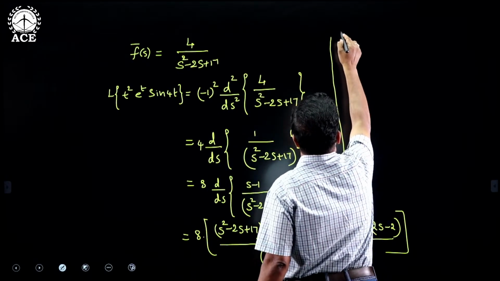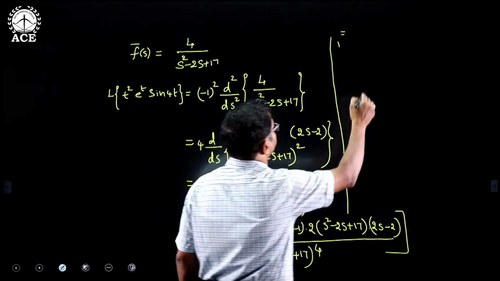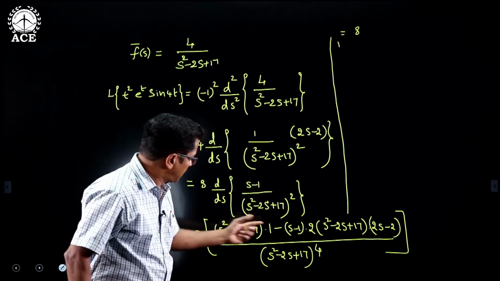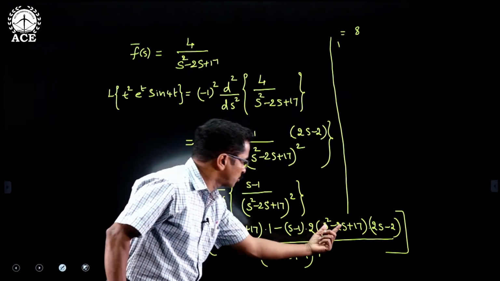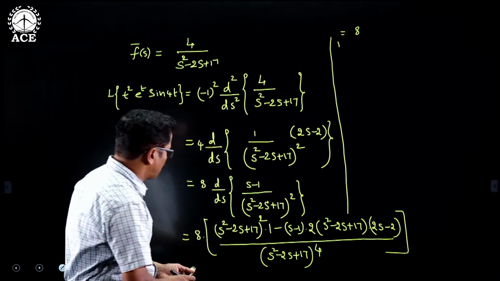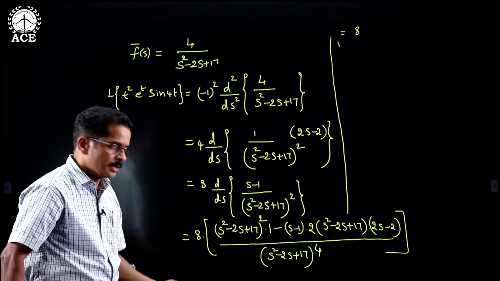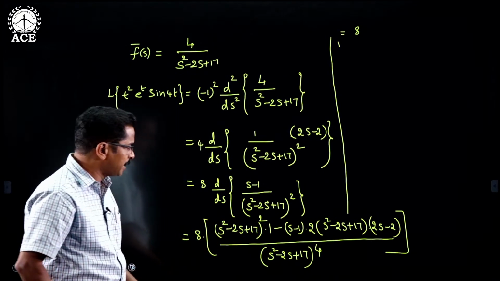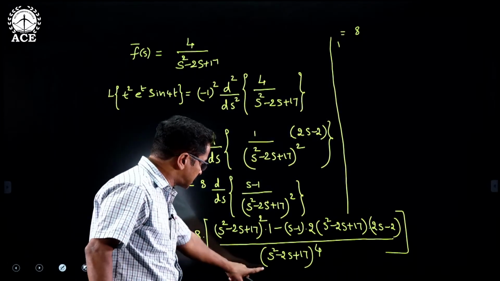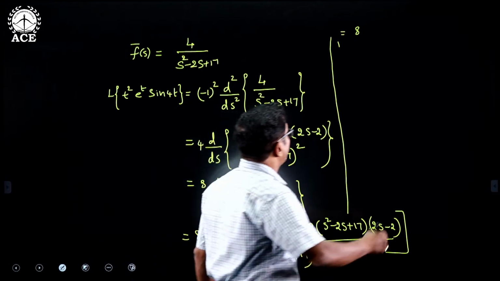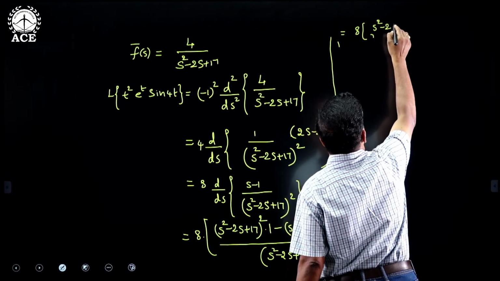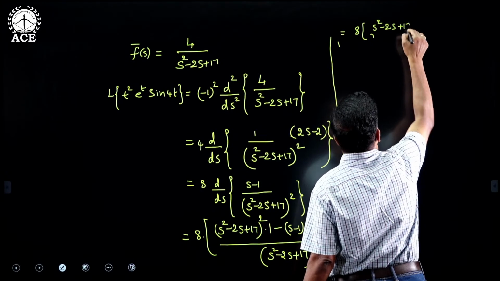So 8 into, now s square minus 2s plus 17 appears in each term. Since v is s square minus 2s plus 17 whole square, if I take s square minus 2s plus 17 common and cancel with the denominator, the numerator will be s square minus 2s plus 17, because into 1 is there.